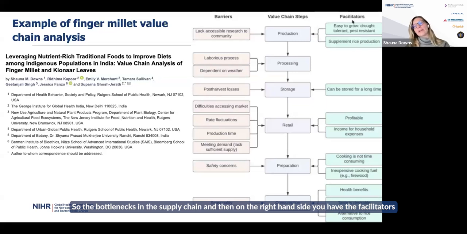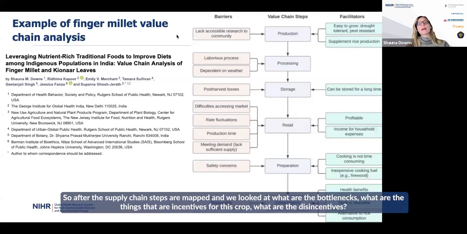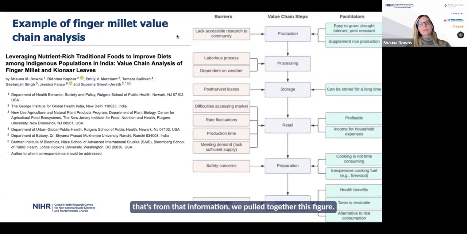And then on the right-hand side, you have the facilitators. So this is just summarizing after everything was mapped. After the supply chain steps were mapped, and we looked at what the bottlenecks are, what the incentives for this crop are, what the disincentives are, from that information, we pulled together this figure.